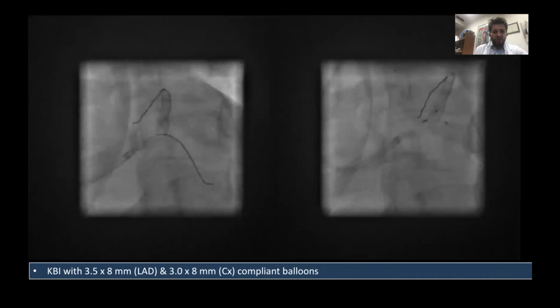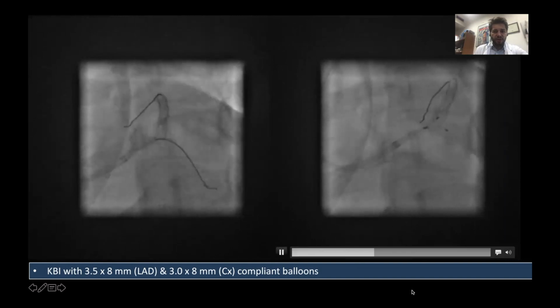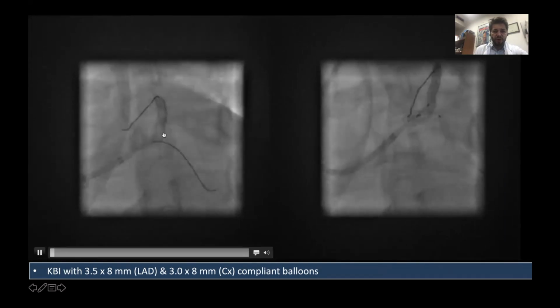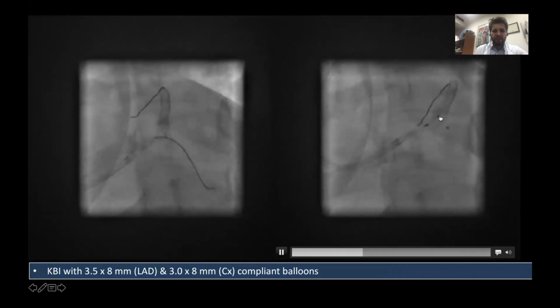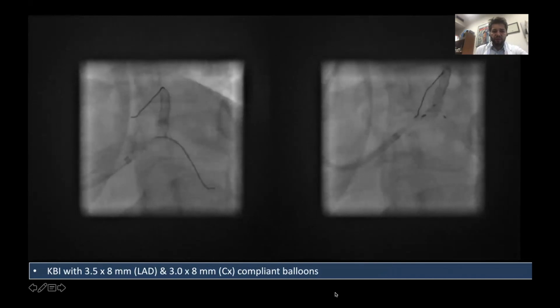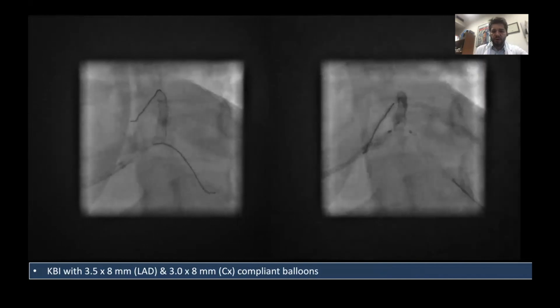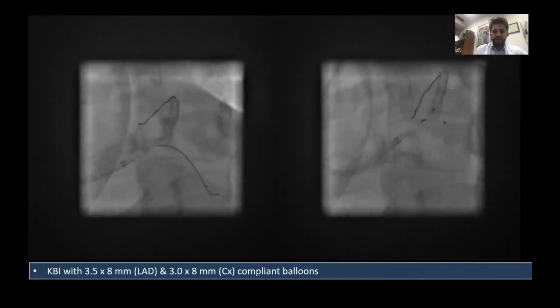and decided to then perform a subsequent kissing balloon inflation in ostial. We put the wire in a better position in the circumflex, and then performed this kissing using a 3.5 and 3.0 balloon.